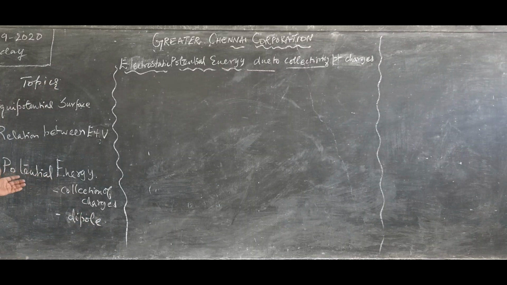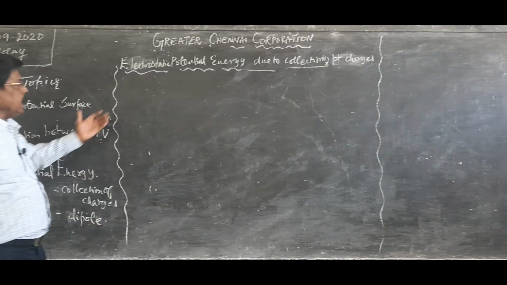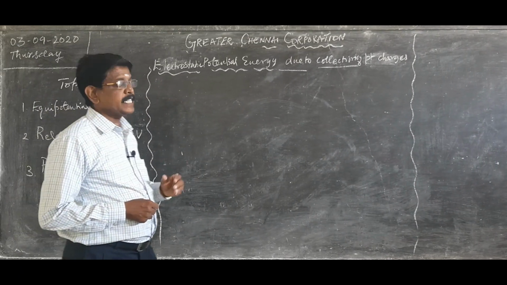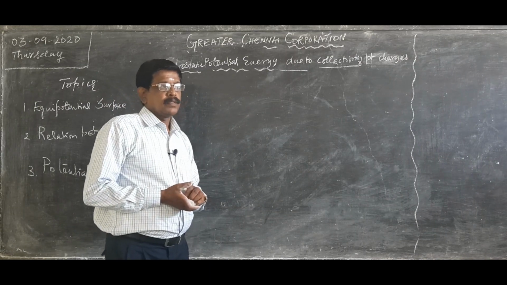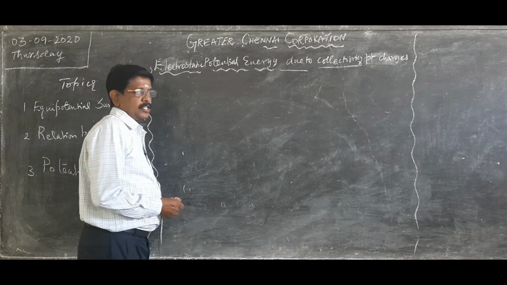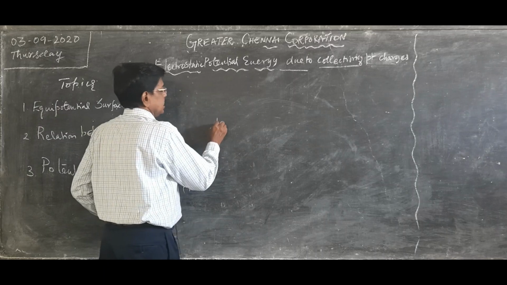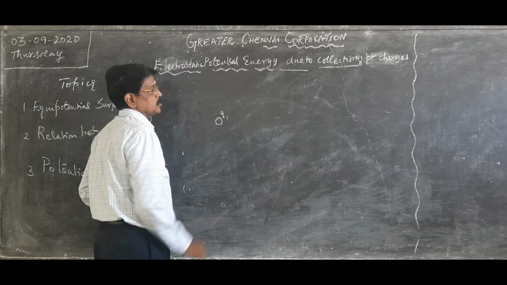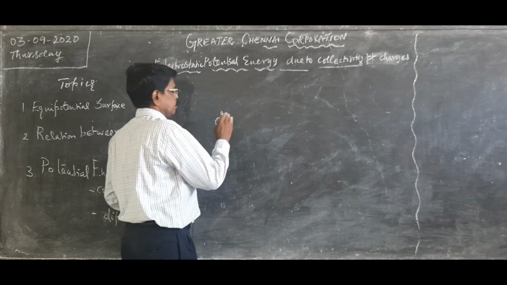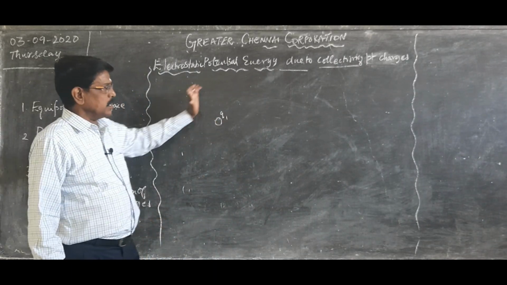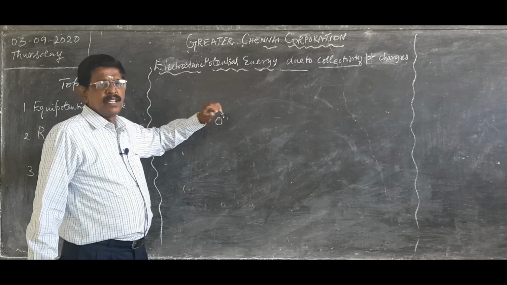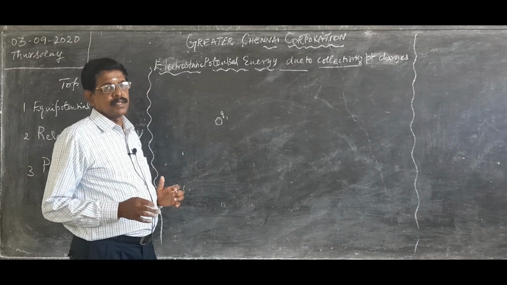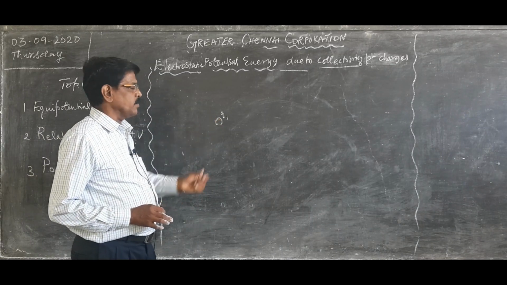Now we are going to see the third topic, the electrostatic potential energy due to a collection of point charges. Let us assume a charge, say Q1, is brought from outside and placed here. Since there are no charges in the vicinity of this region, the work done is 0, because it experiences no force at all.